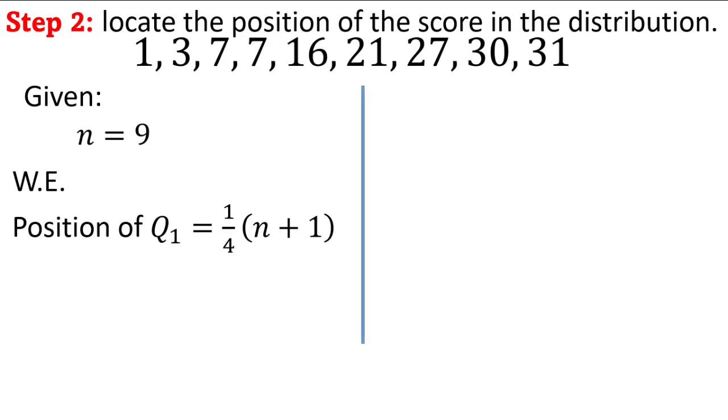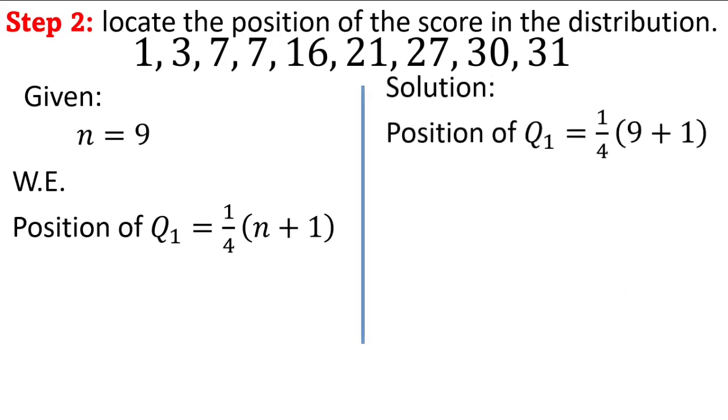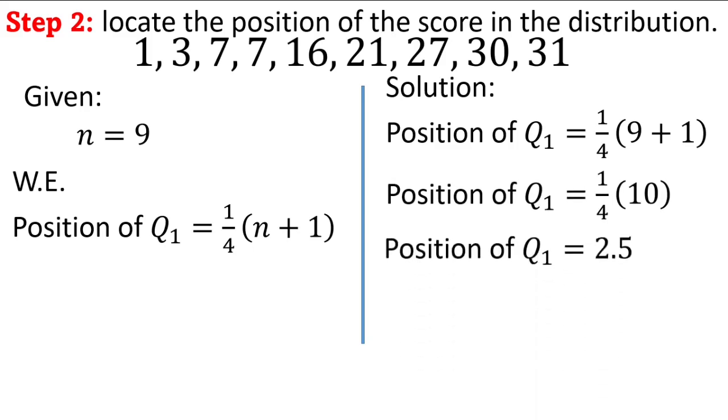By substitution, n now will become 9. So we have 1/4 of the quantity of 9 plus 1. And 9 plus 1 is 10. So 1/4 of 10, and 10 divided by 4 is equal to 2.5.